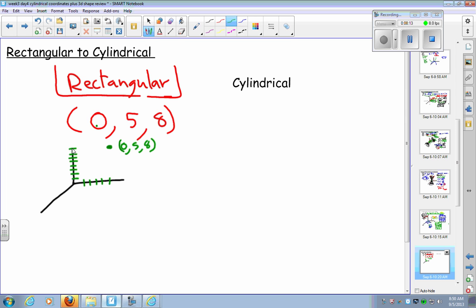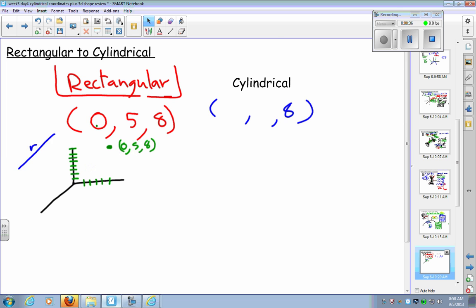Okay? Now, right away, if I want cylindrical, you know it's an 8. Okay? The Z is the Z. Now, I want that length. That length is how far... Oh, that's badly drawn.